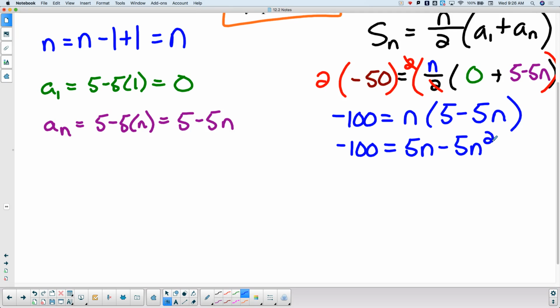Uh-oh. Squared term. What does that mean? Sadness. You have to do the quadratic formula. No, you don't have to do the quadratic formula, not yet. You get to make it equal to 0. I have to get everything onto one side, so I'm going to go to the left. 5n squared minus 5n minus 100 equals 0.